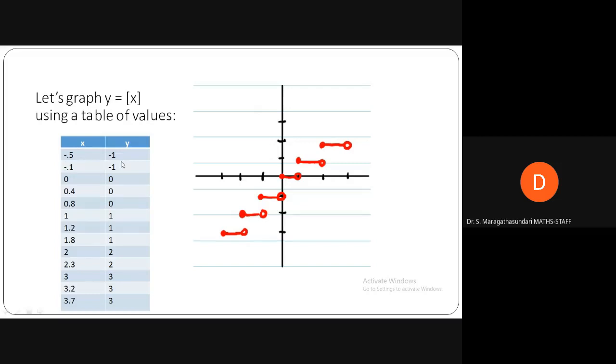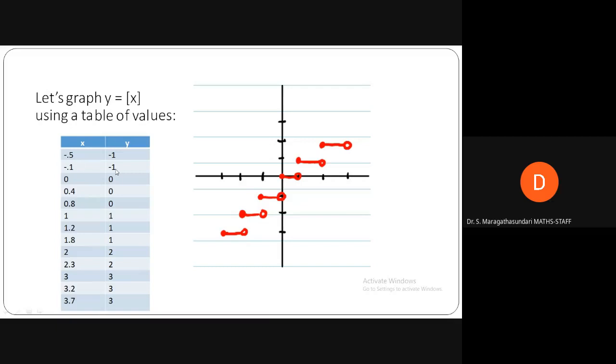Minus 0.5, minus 1. So where is minus 0.5? Minus 0.5, minus 1. Two comma 2. Greatest integer I'm just talking about. So minus 0.5, here minus 1.